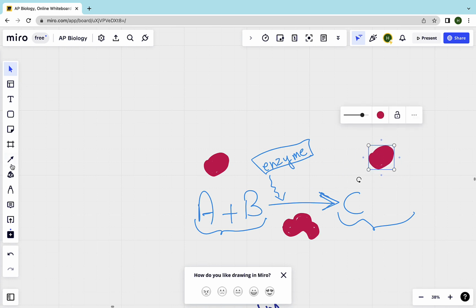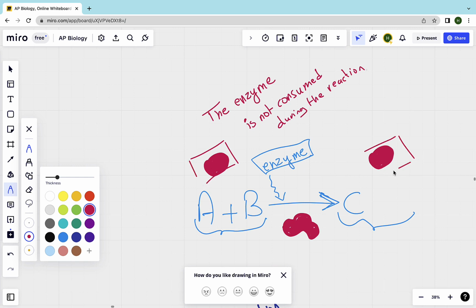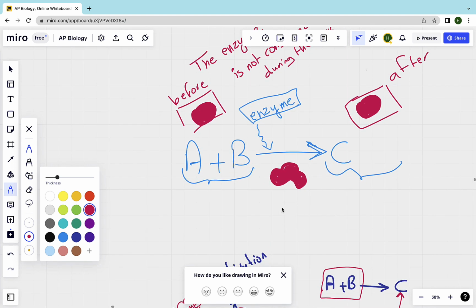So, we say that the enzyme is not consumed during the reaction. That's why we can reuse it. Yes, exactly. So before and after, it's the same. I'm telling you, wait 1 minute. After and before, it's the same. But it can change during the reaction.